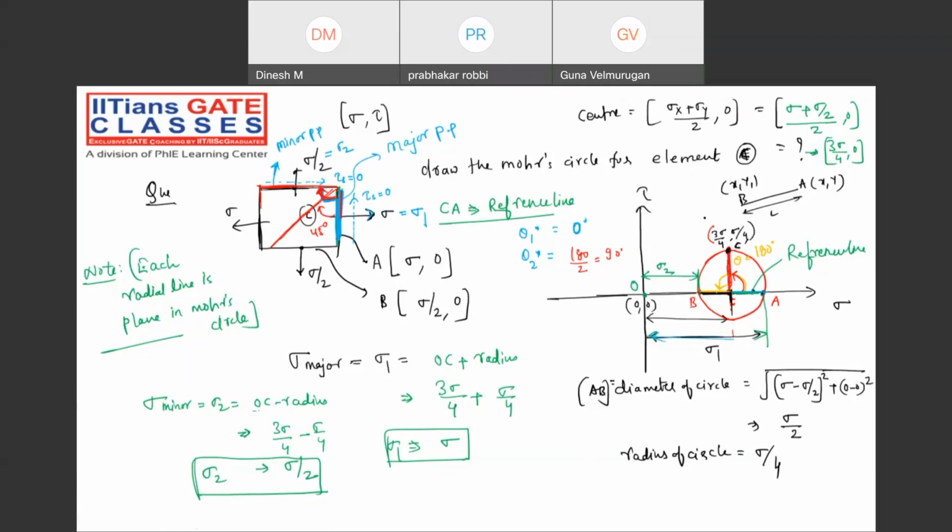Sigma by 4. That represents sigma n theta and tau s theta on the plane which is inclined 45 degree, my dear friend. On this plane, the normal stress is 3 sigma by 4, and there is a shear stress of positive value sigma by 4. Positive means it should make an anti-clockwise rotation.